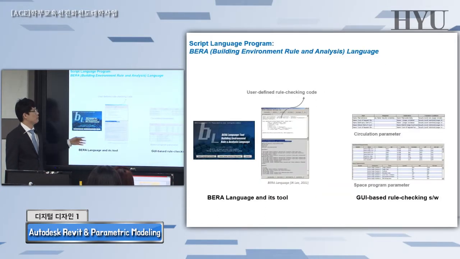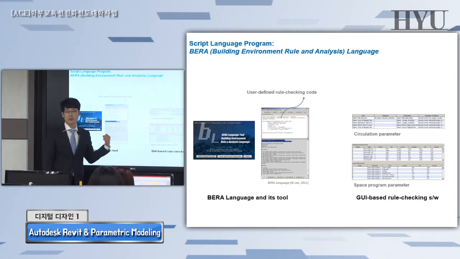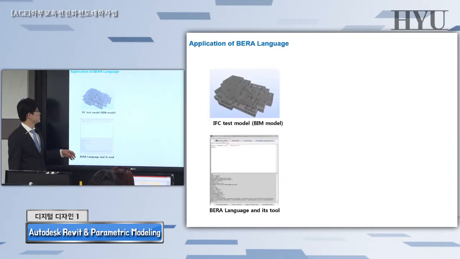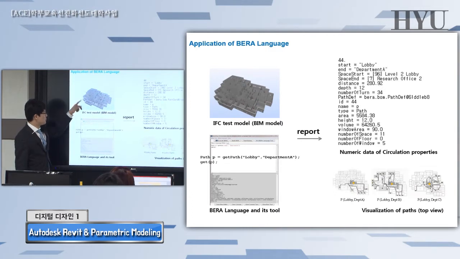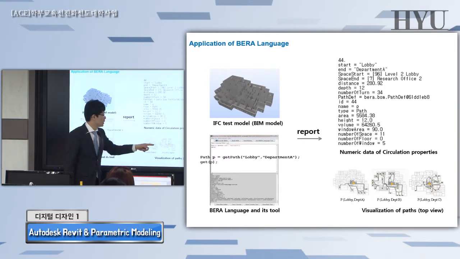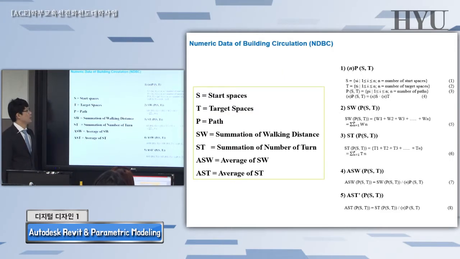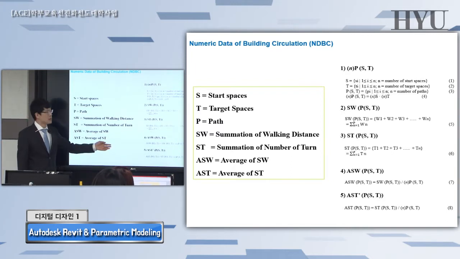This is the platform for acquiring such complex data. We don't need to know this complex process. I'm going to show you some type of final result. By using this BIM model and this tool, we can generate the circulation graph information and path data, and we made some equations.